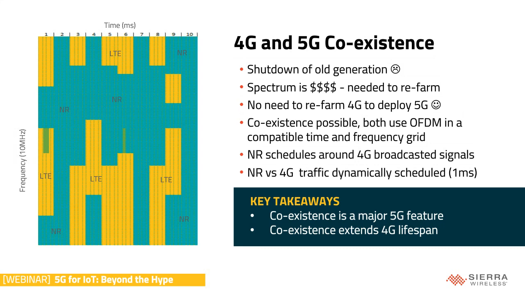So this is because the base modulation of NR and LTE and LTM and NB-IoT is OFDM. And the scheduling structure as well of the 4G and 5G are the same. It's also possible because NR was designed with these advanced mechanisms to schedule around all of the 4G broadcast signals like the pilots. So the figure on the left shows an example between NR and LTE, how this can be done in this dynamic way. So the base station can decide, based on dynamic demand, millisecond by millisecond, whether to schedule LTE or NR or even both in the same 1 millisecond slot.